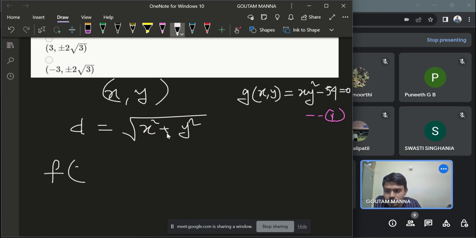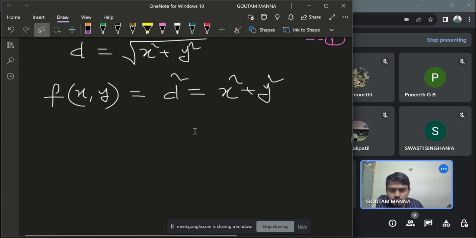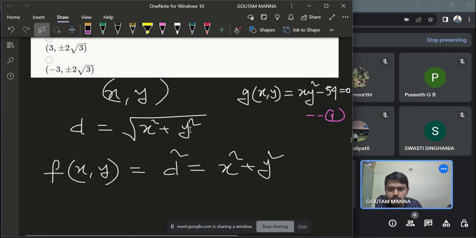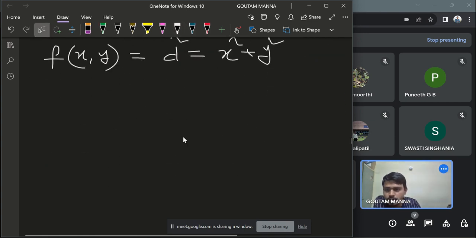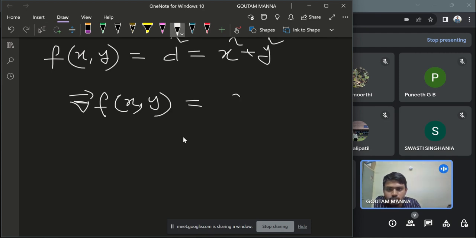So let's define f of x, y that we will minimize, which is d square, that is x square plus y square. And now if we apply this Lagrange method, the equation will be gradient of f equals to lambda times grad of g.